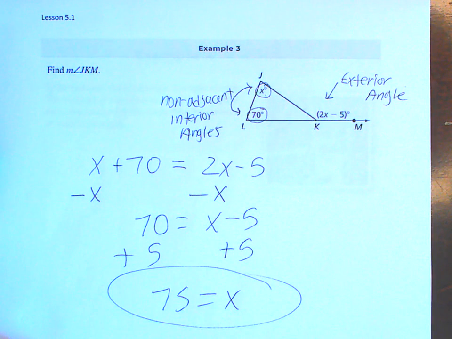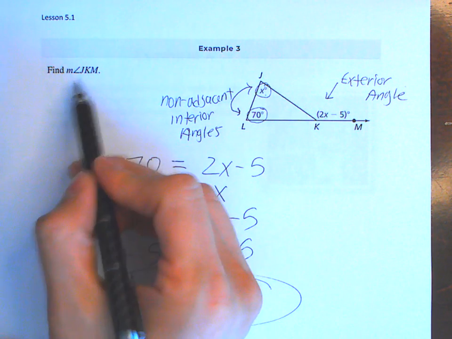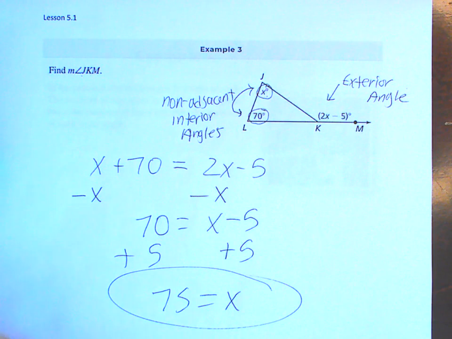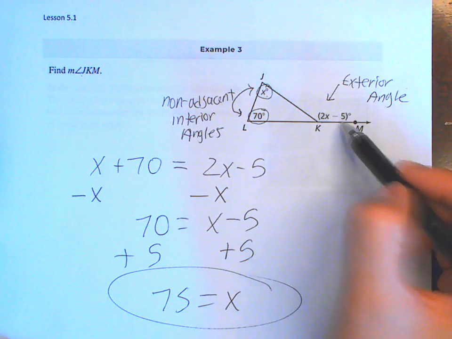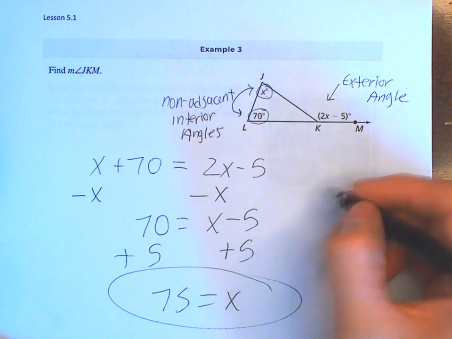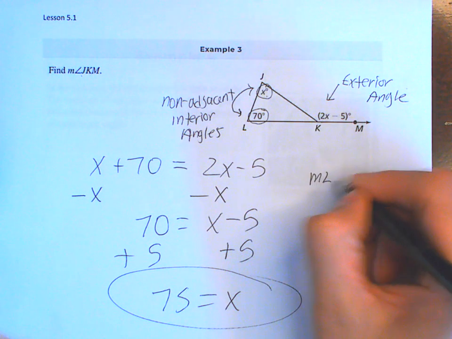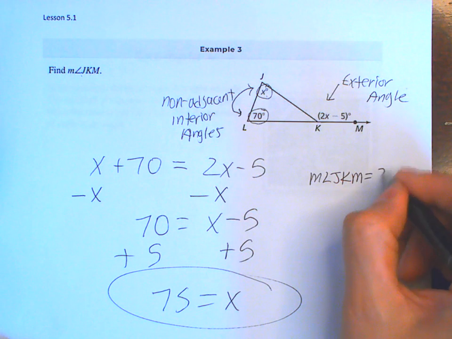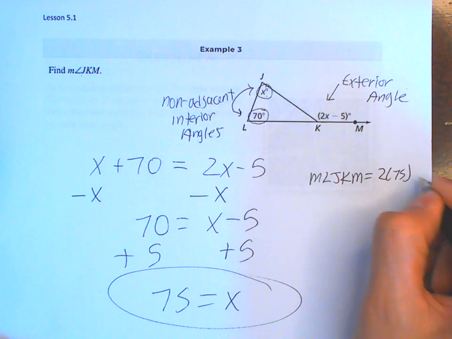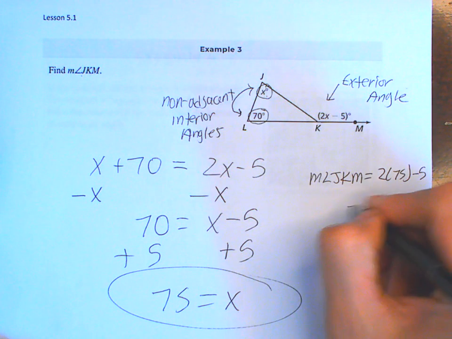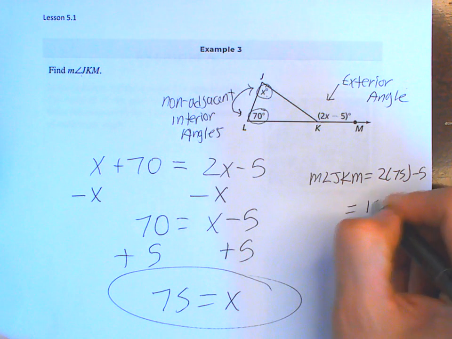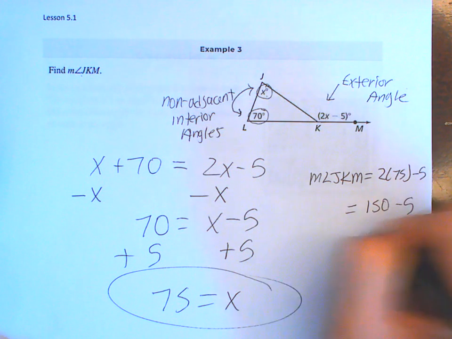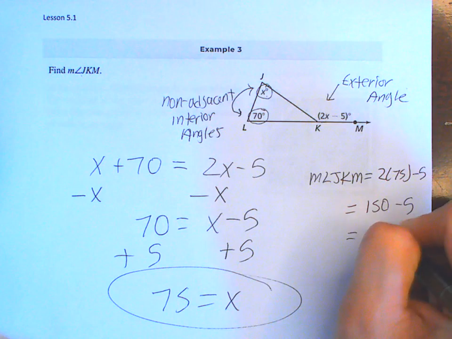Now that's not your answer because the question is asking for JKM. So that means you have to go back and plug it in to 2x minus 5. So the measure of JKM is going to be 2 times 75 minus 5. That's going to give you 150 minus 5, which is 145.